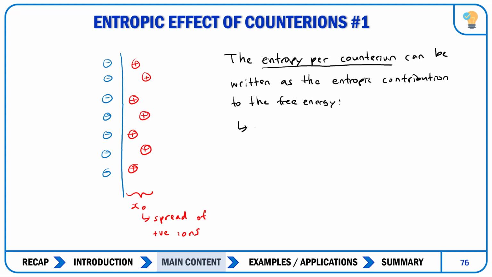In other words, from our previous knowledge, we can say negative TS is equal to negative kBT ln of W. So S is going to be equal to kBT times the ln of the concentration of counterions at the surface minus 1.